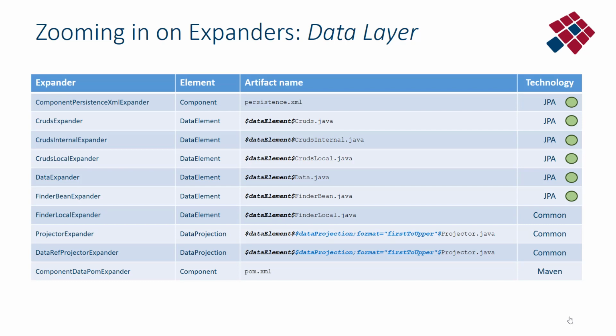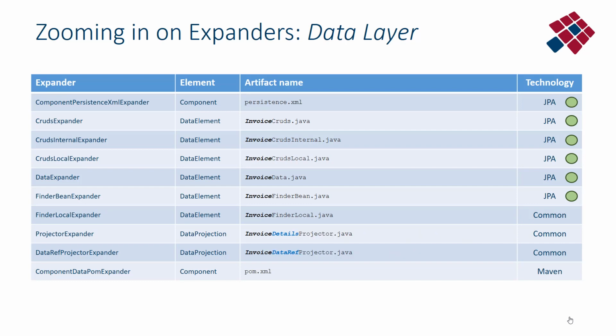So for instance, if we have an invoice data element, the data element placeholder is replaced by invoice. And if we have within that invoice data element specific projections, for instance a details projection or a dataref projection, the name of the projection is reflected in the name of the generated artifact, the projector class.